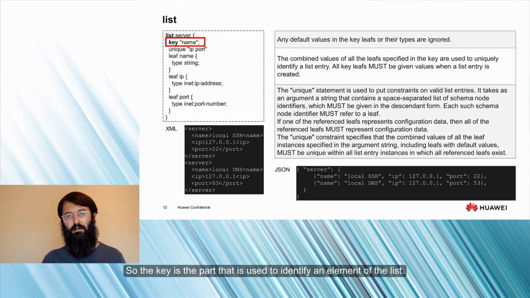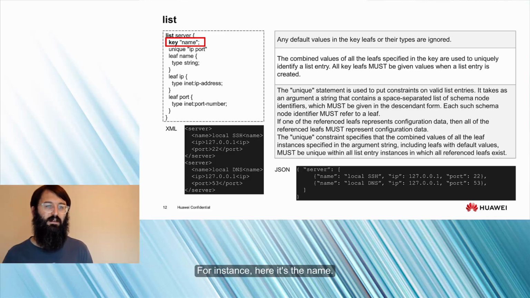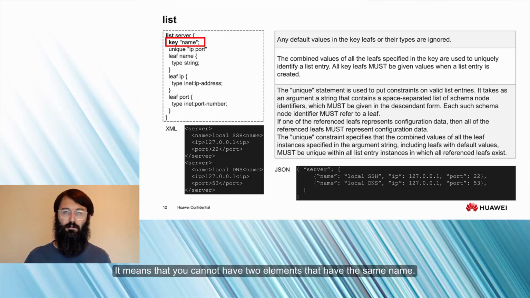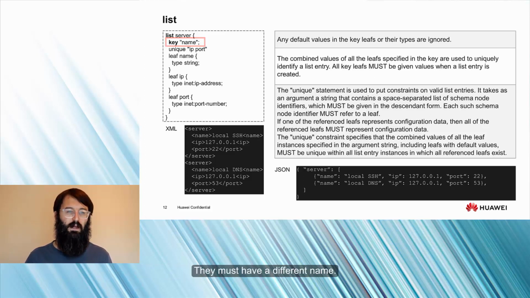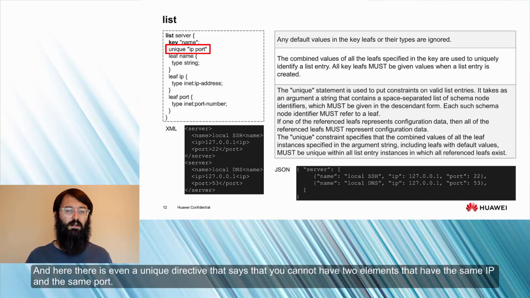The key is the part that is used to identify an element of the list. For instance, here it's the name. It means that you cannot have two elements that have the same name. They must have a different name. And here there is even a unique directive that says that you cannot have two elements that have the same IP and the same port.